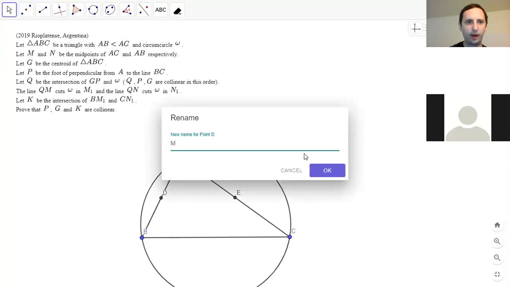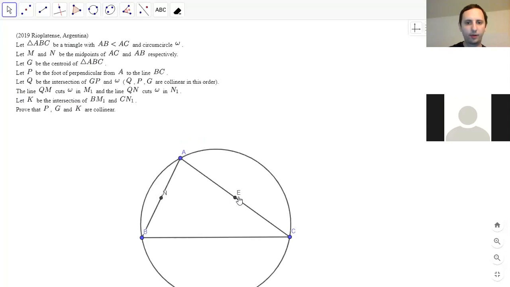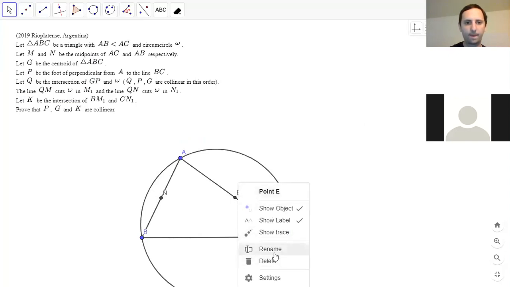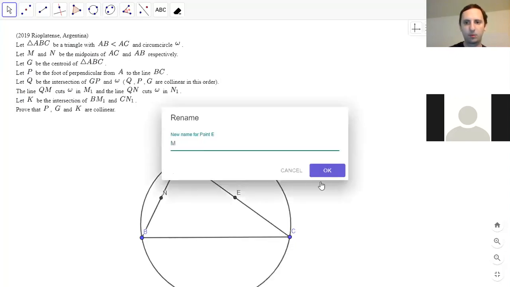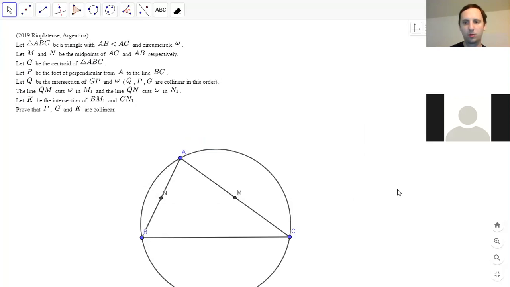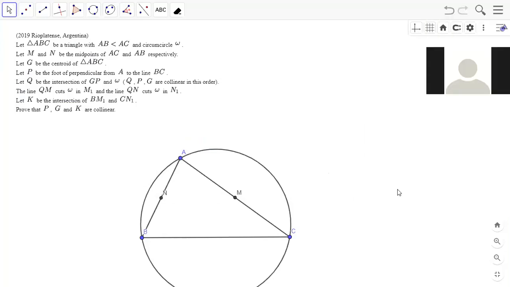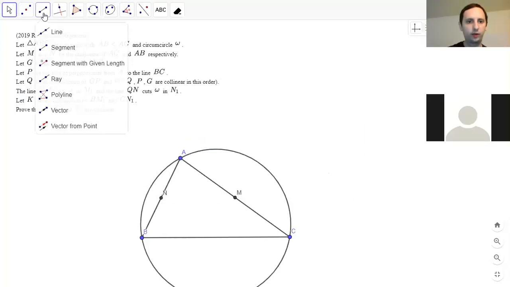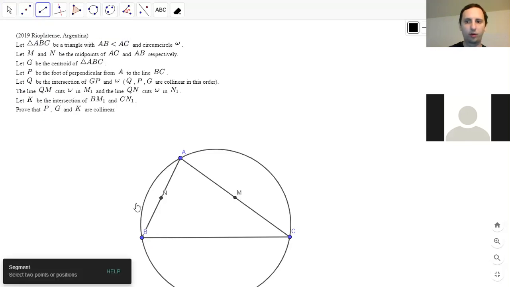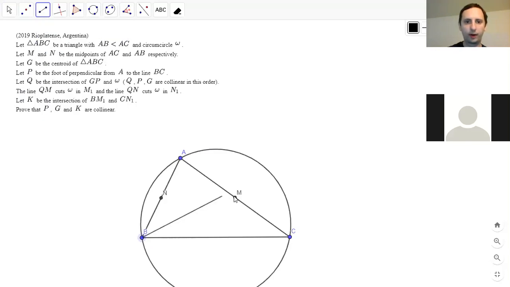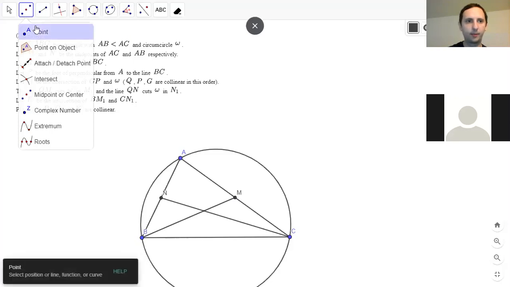So N is the midpoint of AB and M is the midpoint of AC. And G is the centroid. So the centroid is the intersection of the medians. So that would be the intersection of CN and BM.